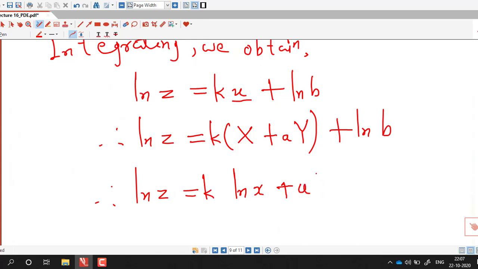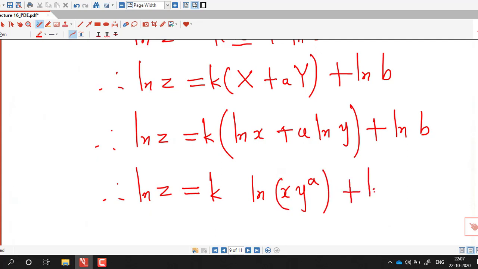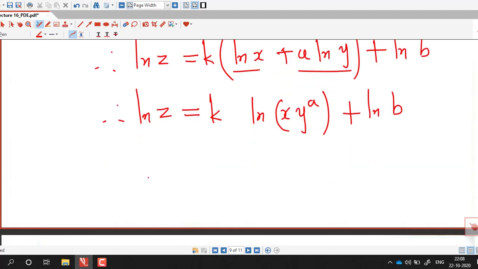So ln x plus a times ln y plus log b, and this we can rewrite again as k times ln x into y raised to a, plus ln b. Using the property of logarithm, ln x plus log of y raised to a, and again using the product rule, log of x plus log of y raised to a equals log of x into y raised to a.